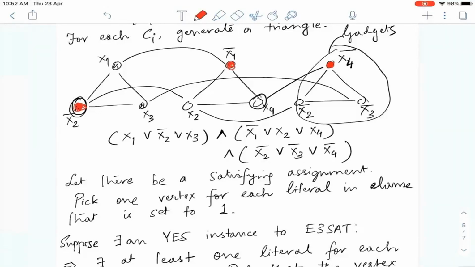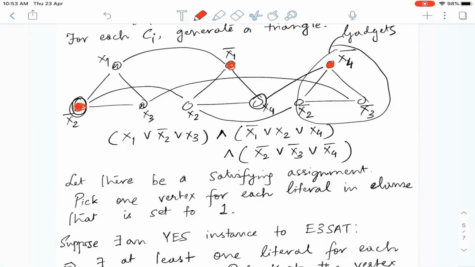If this is an independent set, then all I do is turn these corresponding literals to 1 in my Boolean formula, and then I know that it has to be a satisfying assignment. So that's the complete reduction.